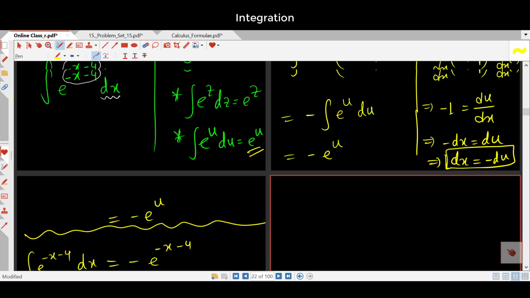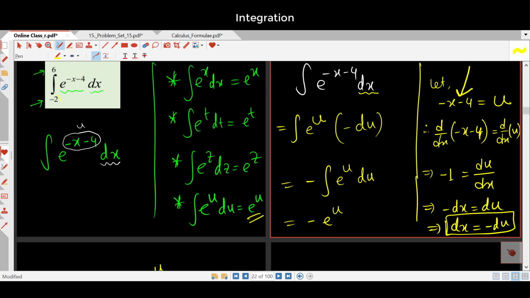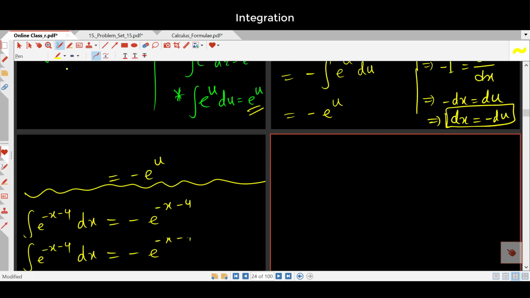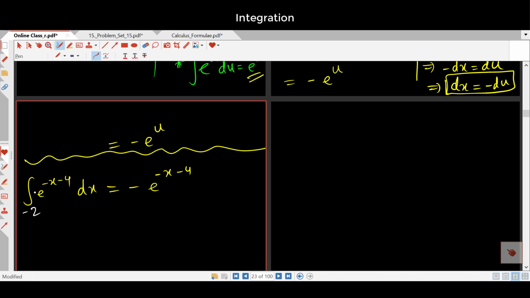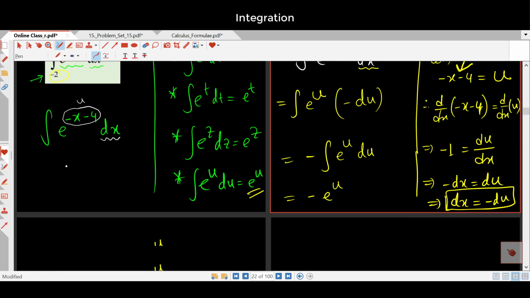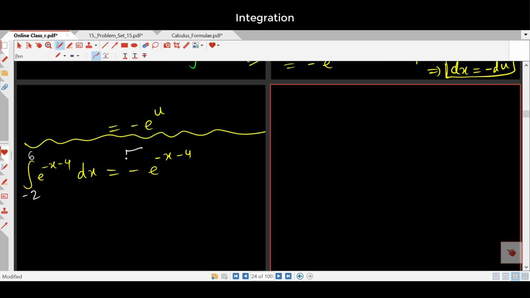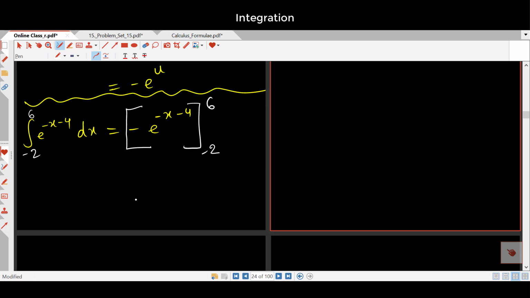Now if we think about the definite integral, lower bound upper bound, minus 2 to 6, it is given that the lower bound of x is minus 2, upper bound of x is 6. So here 6 to minus 2, that is the area now. So antiderivative is found, antiderivative at upper limit minus antiderivative at lower limit. This is how we will get the result.